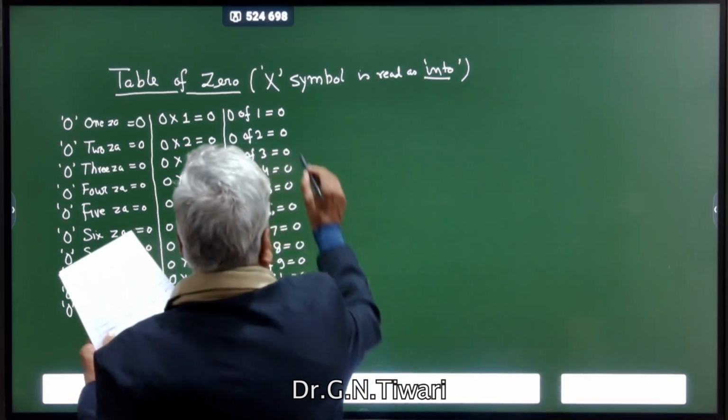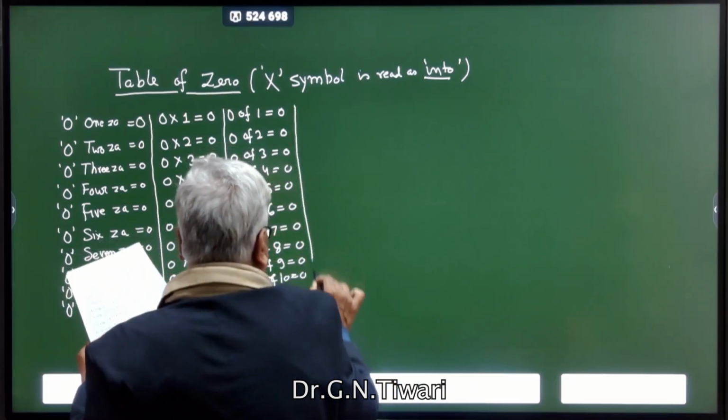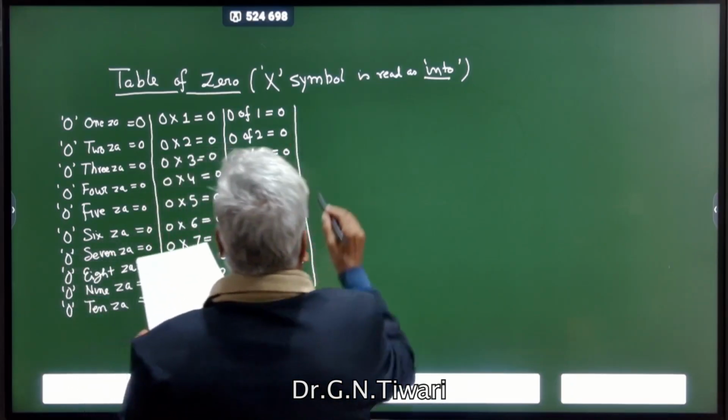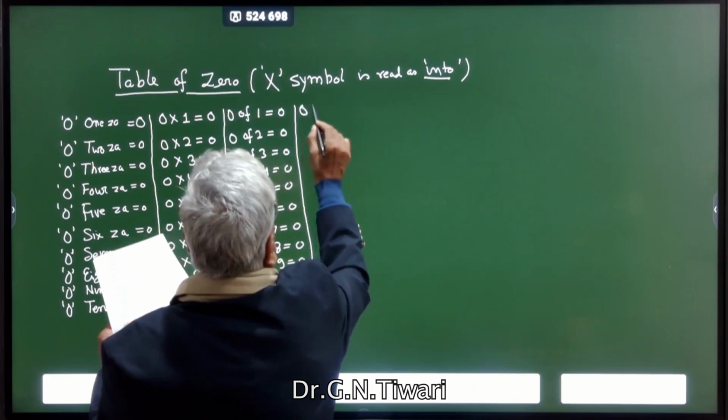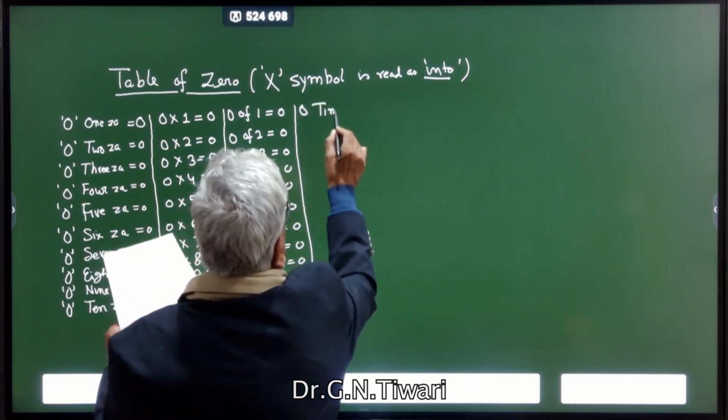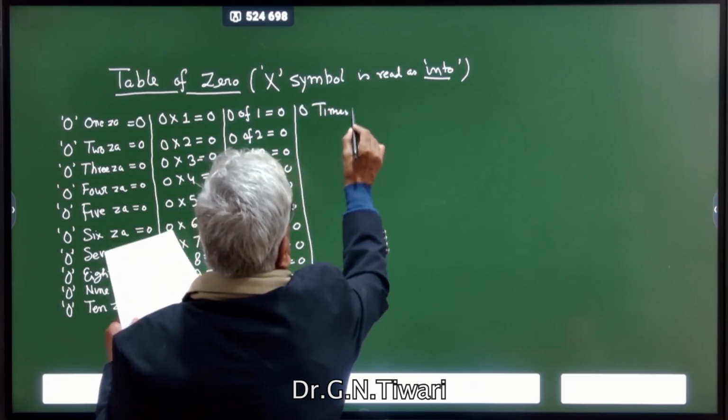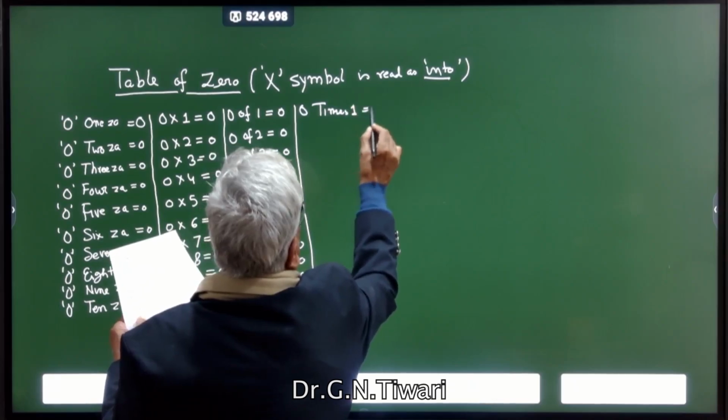Now the fourth way to write the table is 0 times 1 is equal to 0.